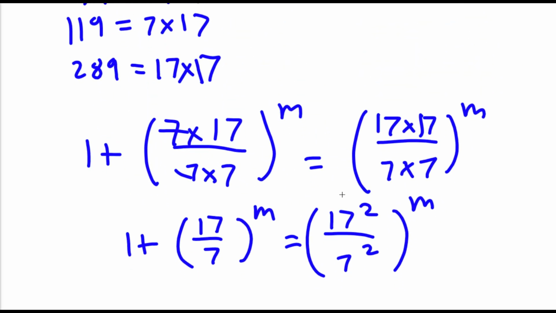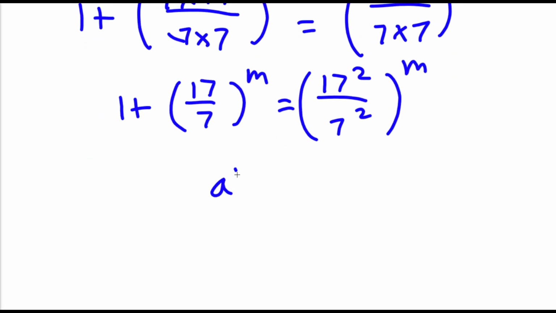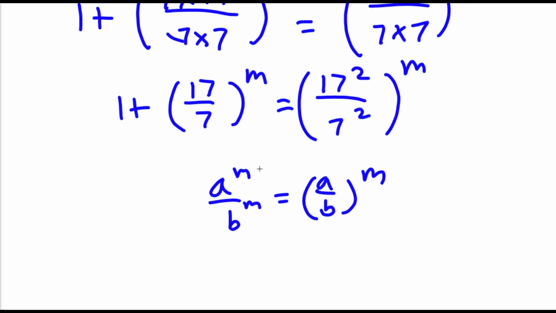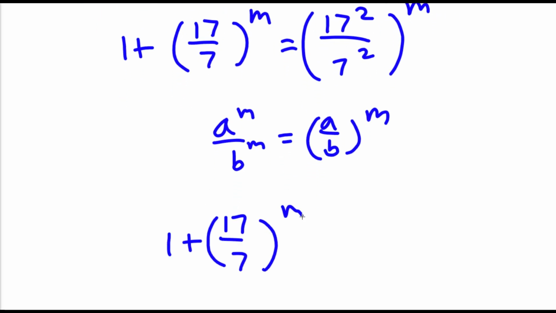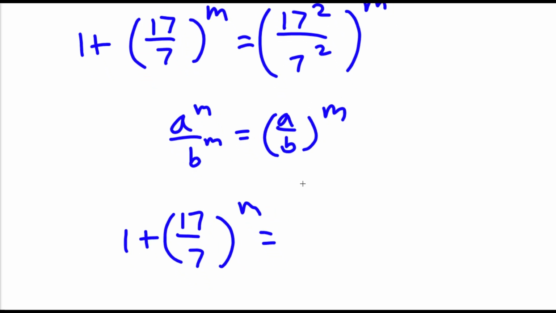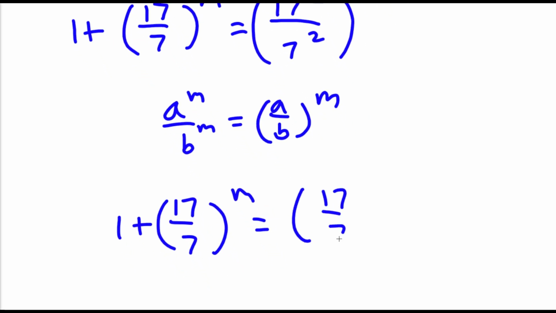Now remember, again, if I have something in the form a to the power of m over b to the power of m, this is equal to a over b to the power of m. So in this case, 17 squared over 7 squared is going to equal 17 over 7 squared, and I have this to the power of m.